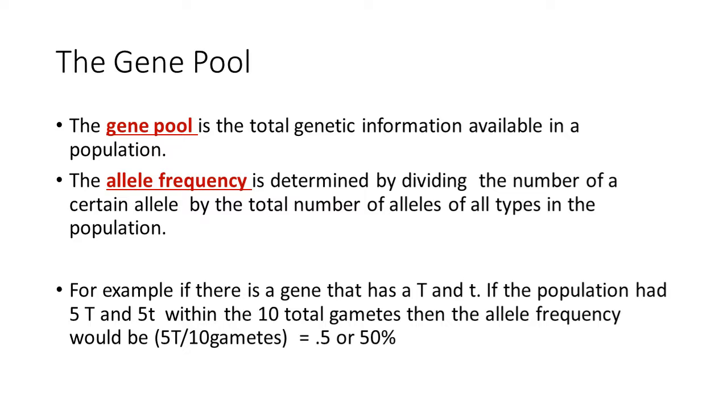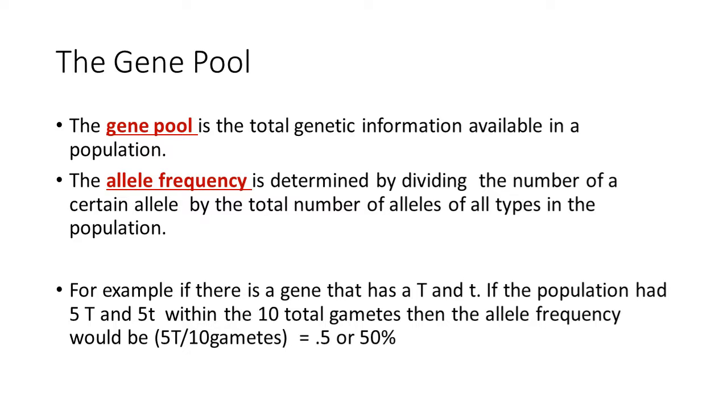What is the total genetic information for the height trait in your classroom? You are 8 students. To calculate the total genetic information here, you can say 8 times 2 equals 16, because everyone has two alleles for height trait. It is called total genetic information or gene pool for height trait.